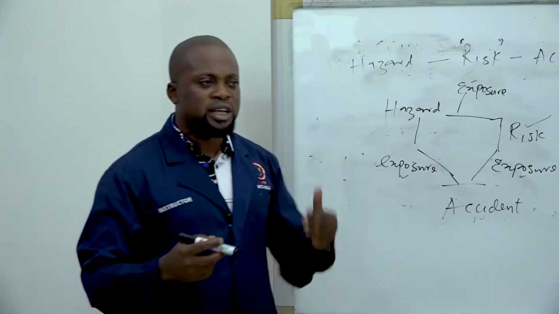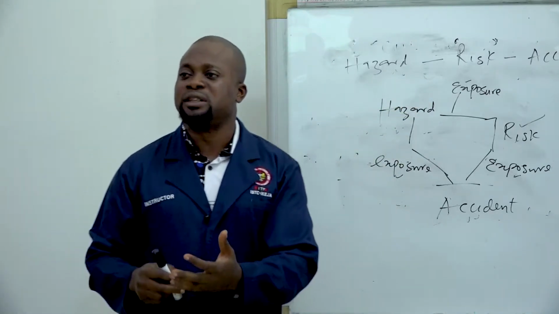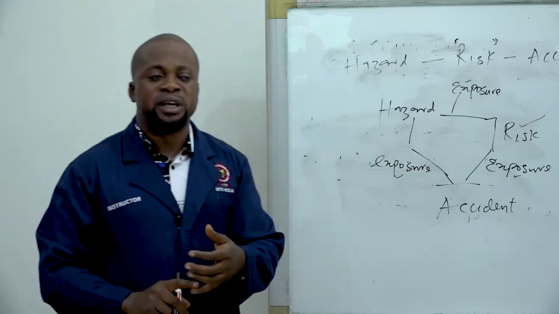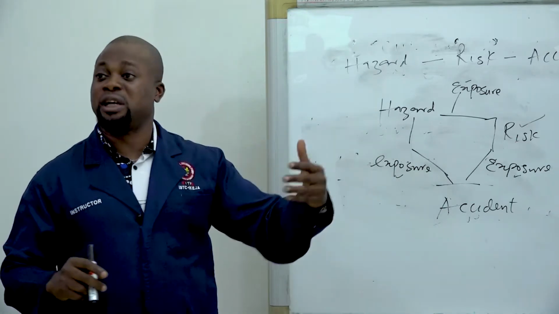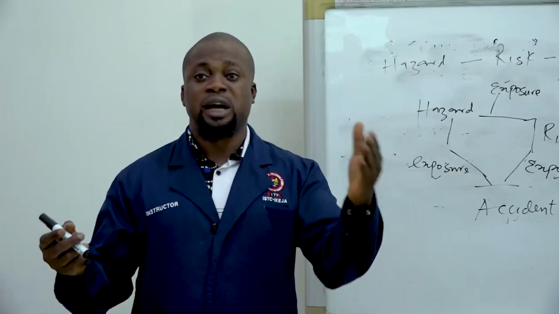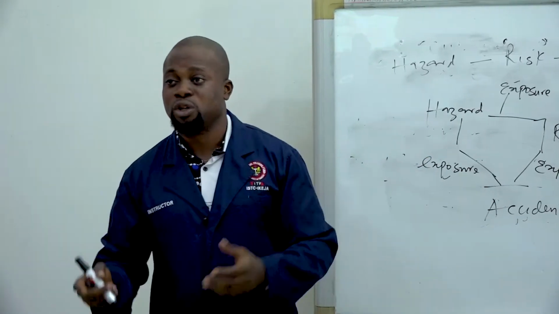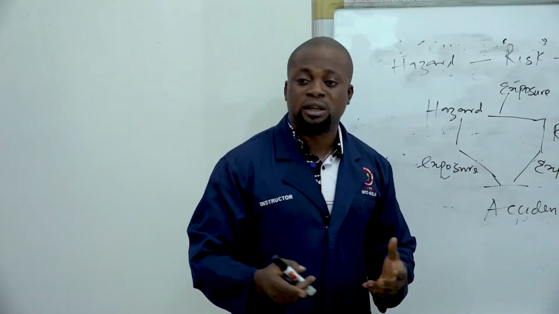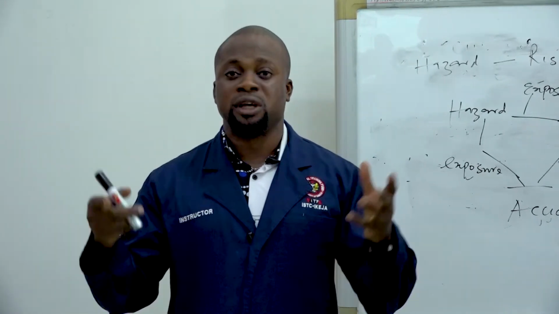Of course, in the course of this module, we're going to be looking at electrical safety. But first, we are considering hazard, and of course, we know what hazard is. And from time to time, we're going to be listing types of hazards according to the environment, according to the type of work you will do. It will be part of our quiz when the time comes.